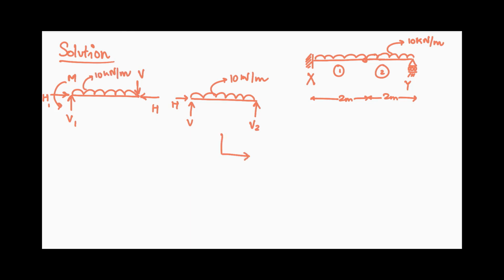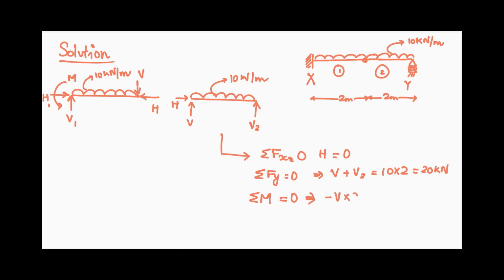Now, if we look at the second beam, sigma Fx equals 0 gives us H equals 0, sigma Fy equals 0 gives V plus V2 equals 10 into 2, which is 20 kilonewton, and taking sigma moment about the right end, we get V into 2 minus 10 into 2 squared by 2 equals 0, which gives us V equal to 10 kilonewton.